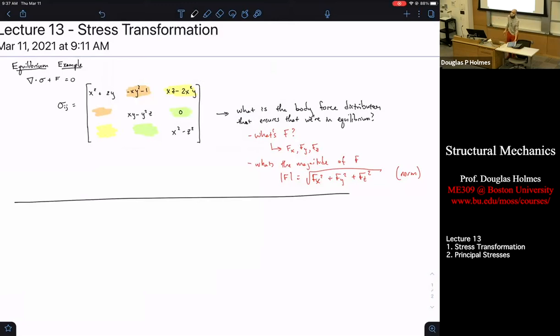One of the challenges with stress is that people generally don't have much of a physical conception for what a tensor is. And you have all of these numbers in there that are hard to interpret. And I say things like a tensor is a matrix, but a matrix isn't necessarily a tensor. And that doesn't really feel satisfying.